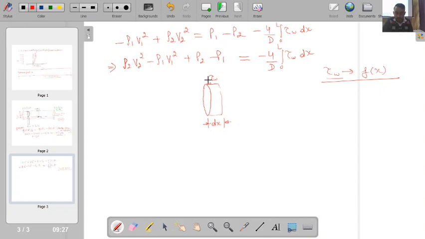So tau w is actually not changing across the thickness of this element.